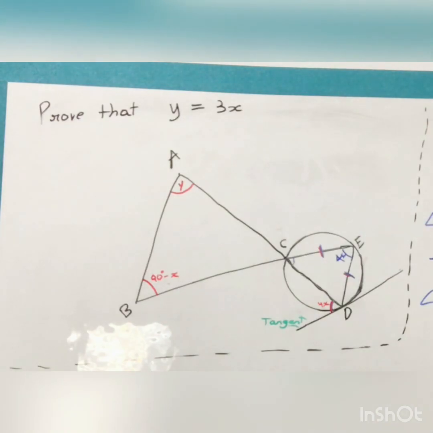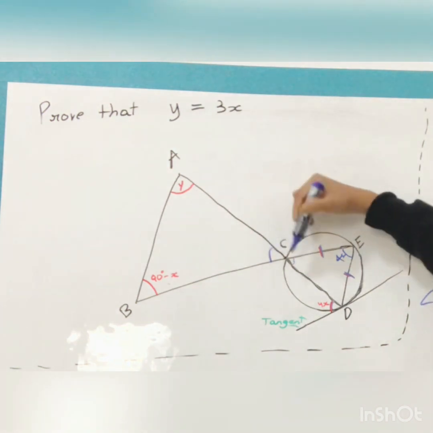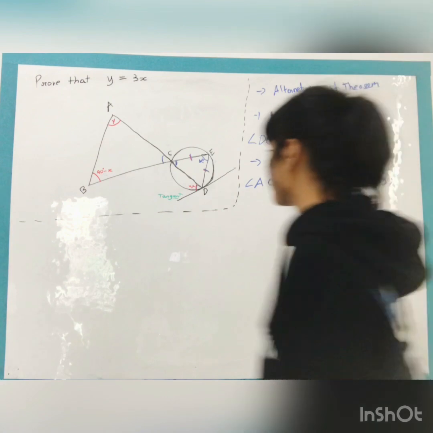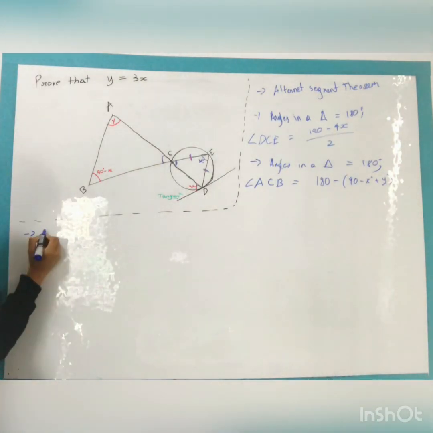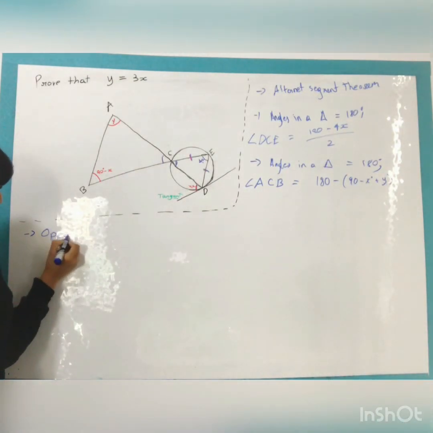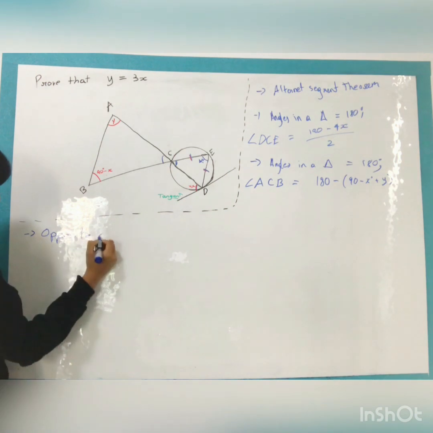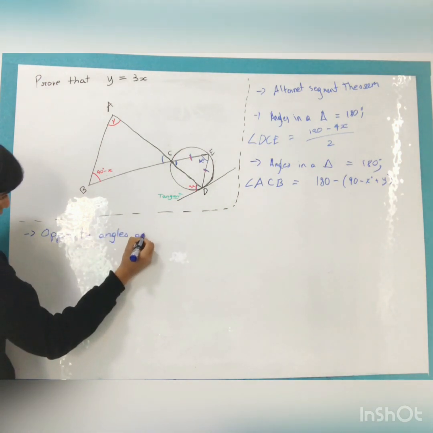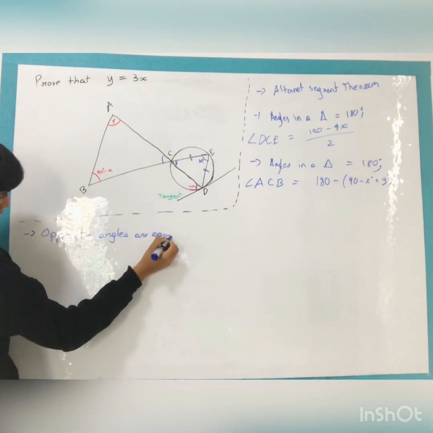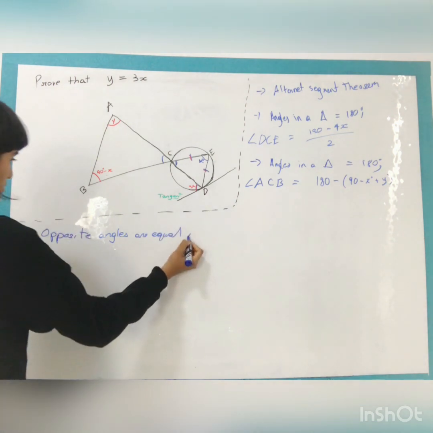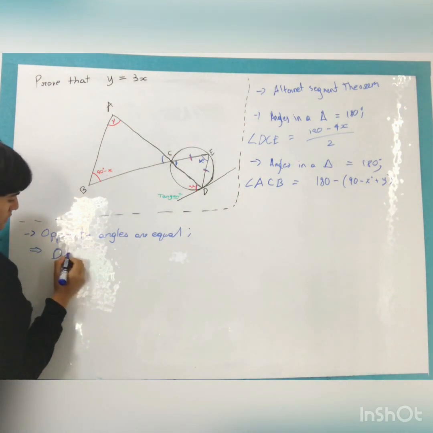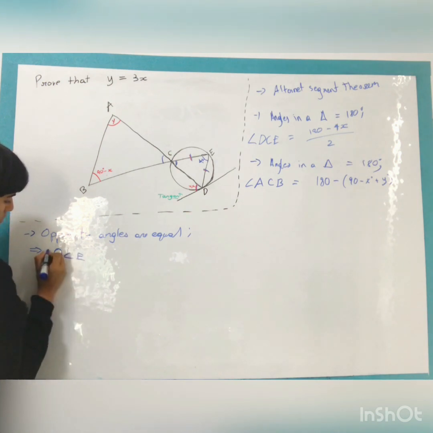Well, we also know that opposite angles are equal. So that's why we can also write that opposite angles are equal. Oh no, that's not right, hold on.